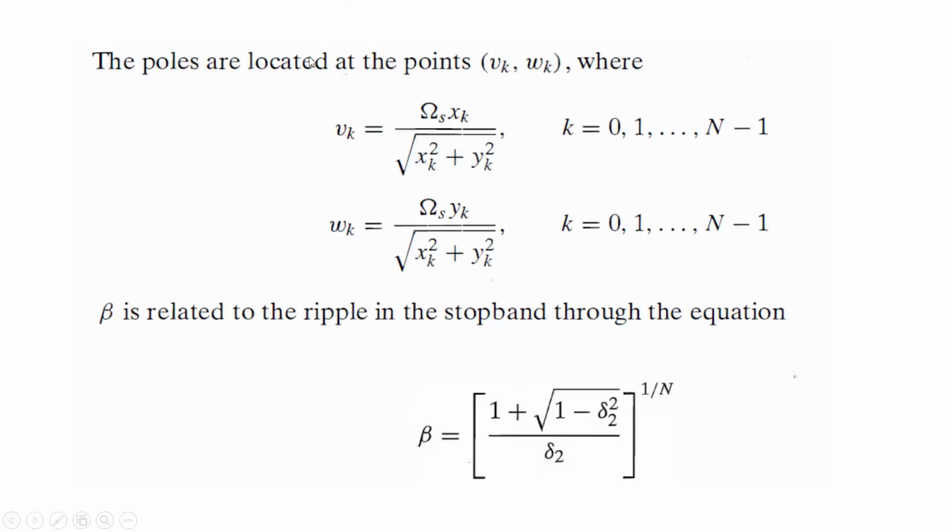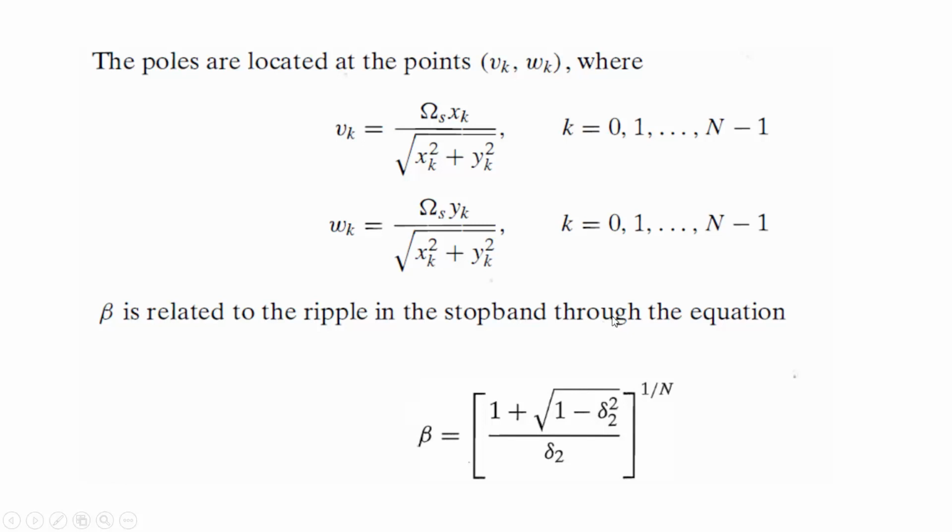The pole locations can also be found with the coordinates v_k and w_k. The v_k expression is omega_s times x_k divided by x_k squared plus y_k squared, where k again varies from 0 to N minus 1, and w_k is omega_s times y_k divided by x_k squared plus y_k squared.